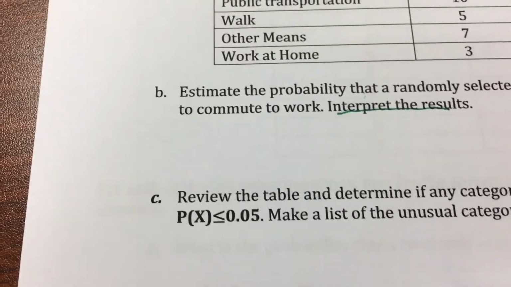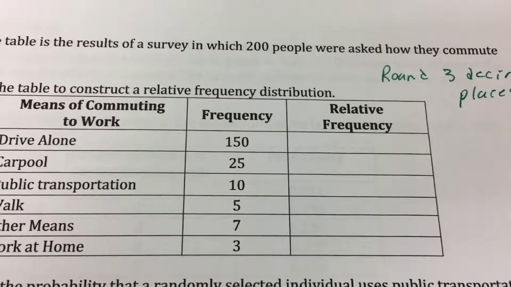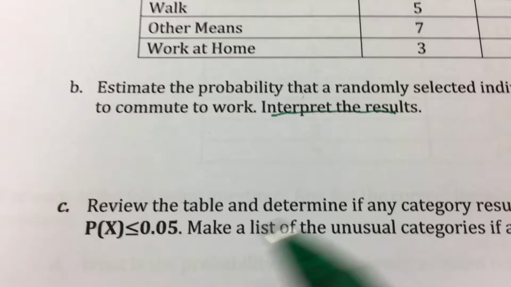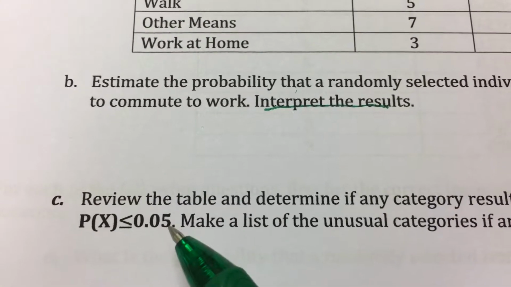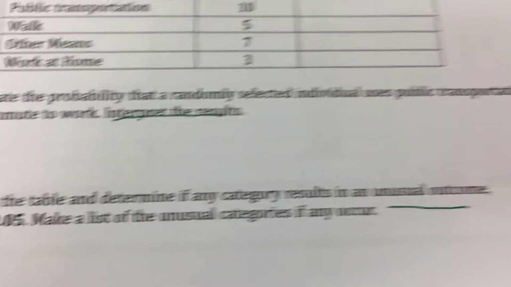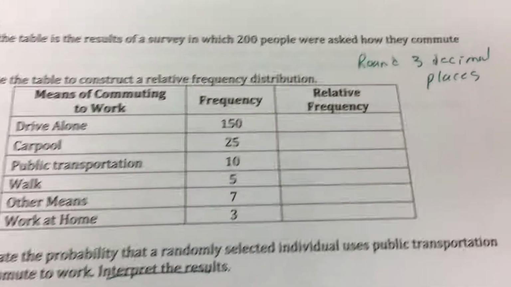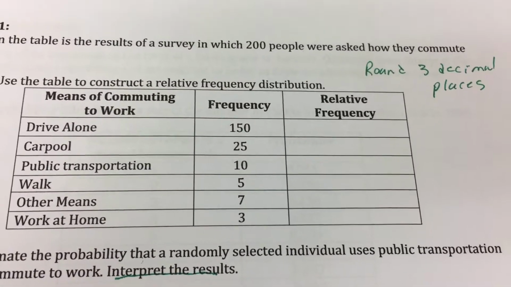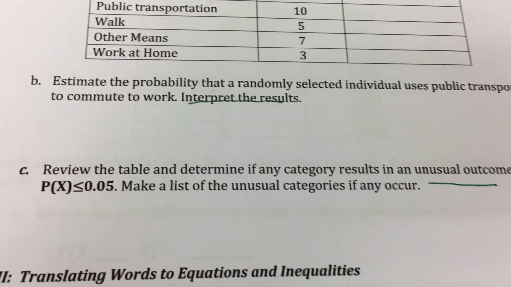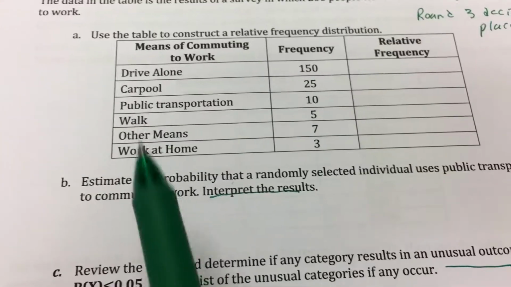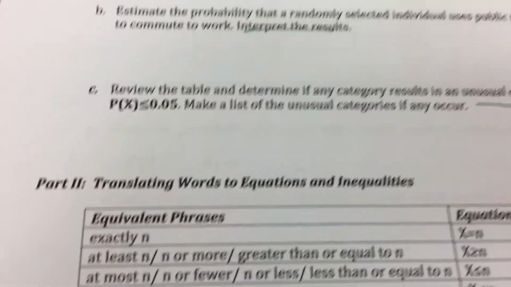Okay, so that means, since I told you to round 3 decimal places here, you want to write the 0.05 as 0.050 and then compare. Now notice, it says make a list of the unusual categories. So first of all, compare them, find which ones are less than 0.05, and then make a list down here, write down everything that is less than 0.05.